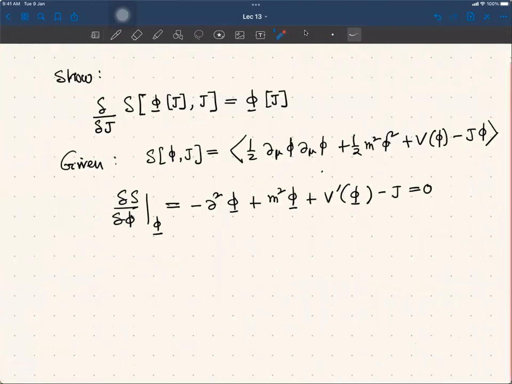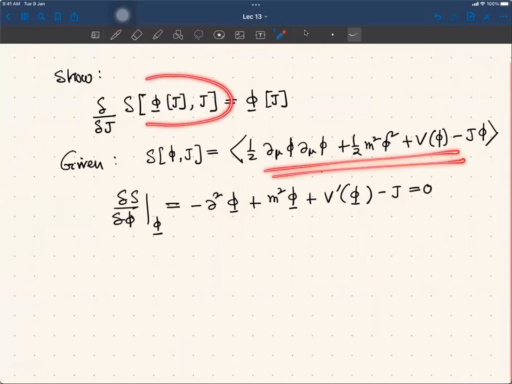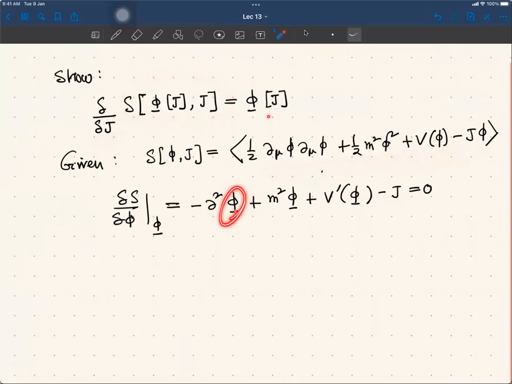Using that Green's function, you can solve for phi_bar as a functional of J. Substitute that functional back into this action to calculate S of phi_bar as a function of J, J, and then take the derivative with respect to J and show that you get back the same phi of J.